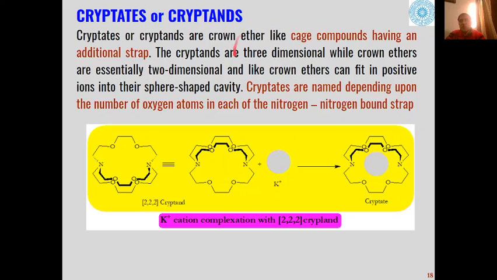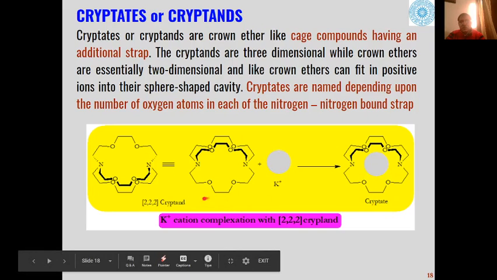These are three-dimensional, whereas crown ethers are two-dimensional, and they are named depending upon the number of oxygen atoms in each of the nitrogen-bound straps.